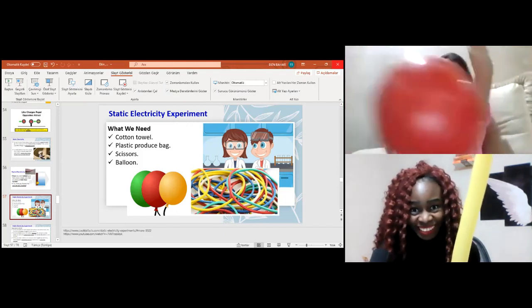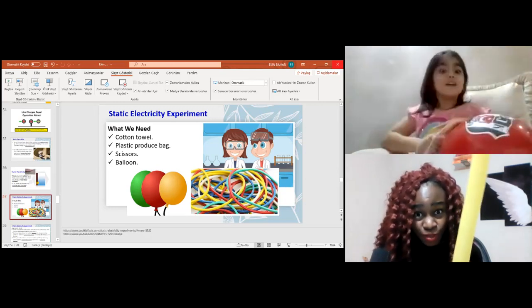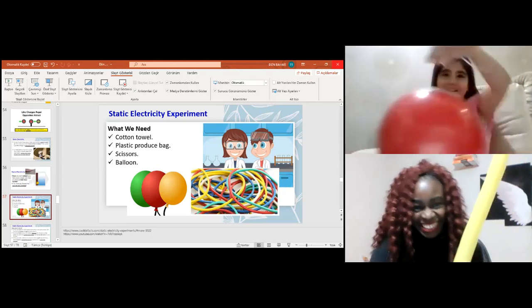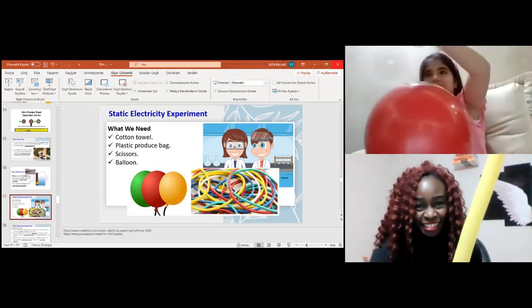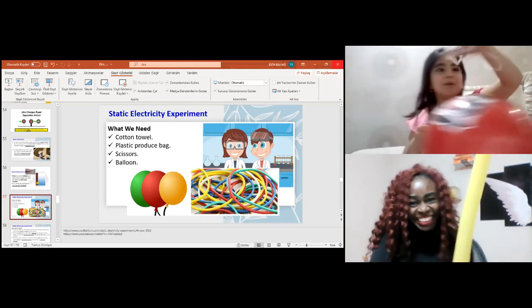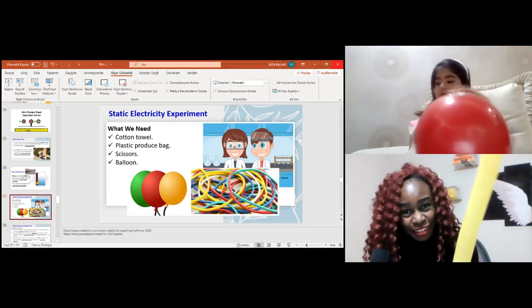It was floating. It's sticking to me. What is it supposed to do? Oh, it's floating. Can you see that? It was floating. Yes, I did. It's sticking to me. It's following my shoulder.